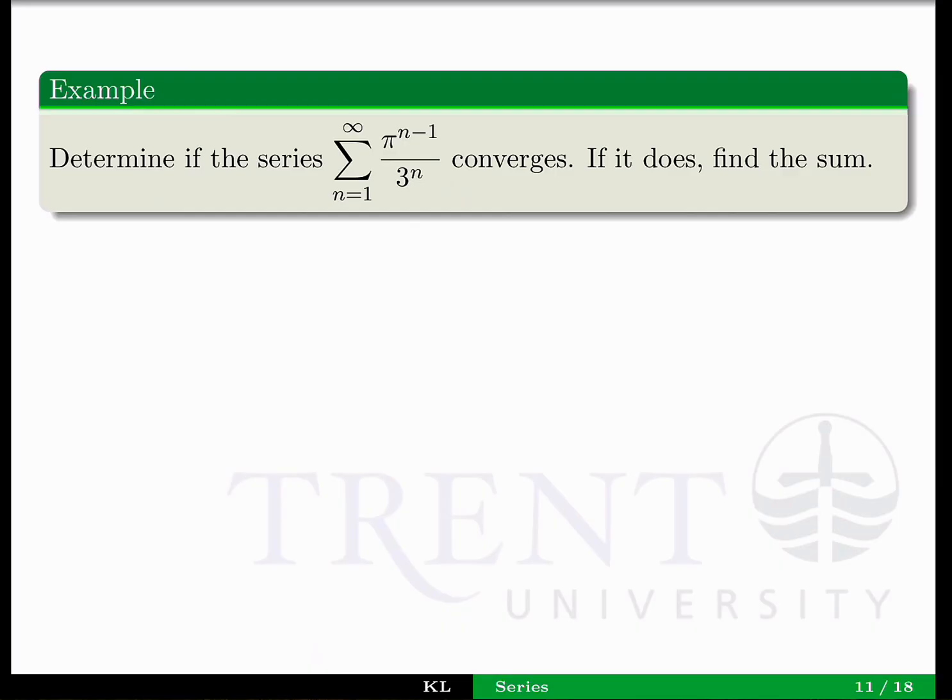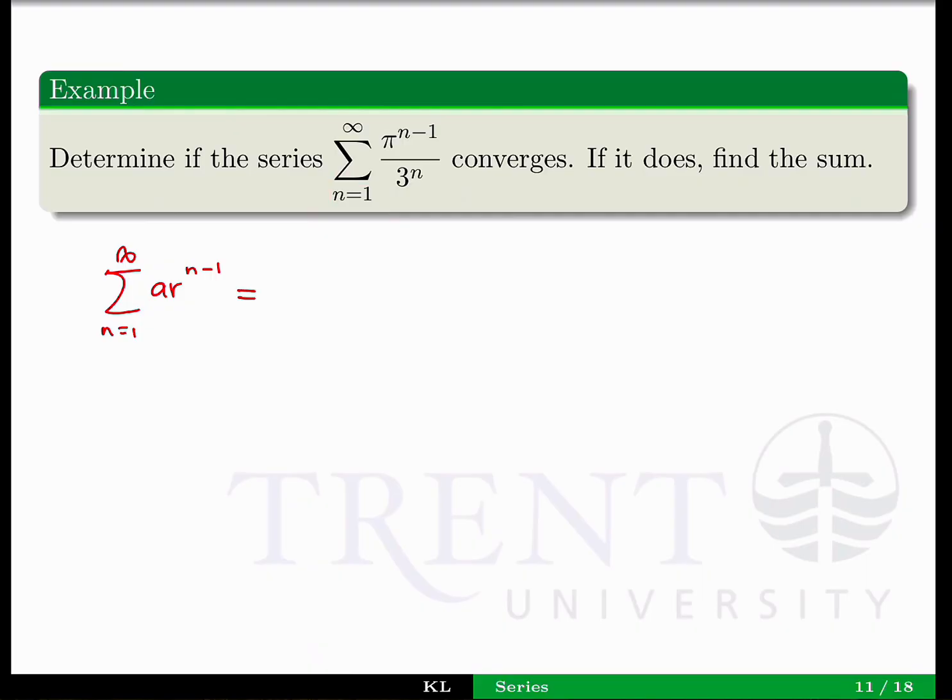Some example here, determine if the series converges. If it does, find the sum. Well, let us look at this. Our formula was the sum ar to the n minus 1 from 1 up to plus infinity. If you look at this, this is already starting from n equals 1.